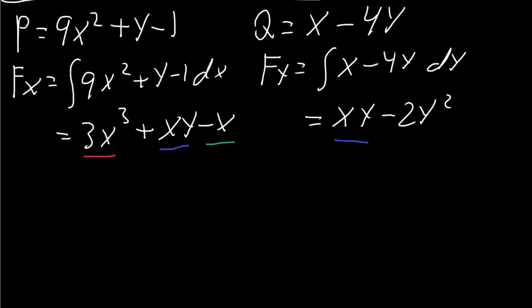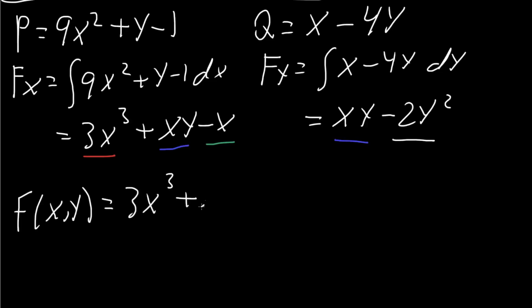And lastly, minus 2y squared is unique. So we have 4 unique terms. So we say that f parentheses x comma y is equal to each unique item. So 3x cubed plus xy minus x minus 2y squared is equal to c.